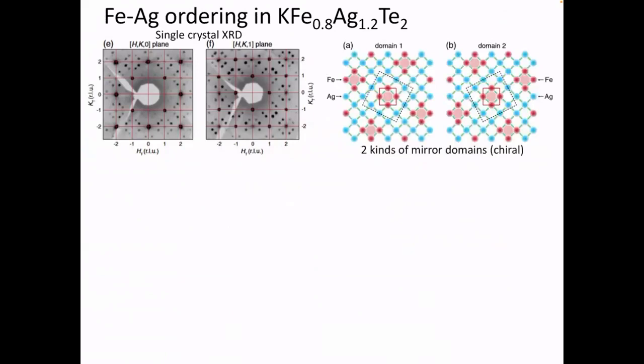Even though when you consider only 2 dimensions, these two domains are mirror planes of each other, once you consider the tellurium atoms, which are situated in between these transition metals, they're either all above or all below the plane for these iron 2x2 blocks. You can see that just by counting the Manhattan distance between these blocks. You'll see that they're all either above or below. So that makes the structure itself chiral.